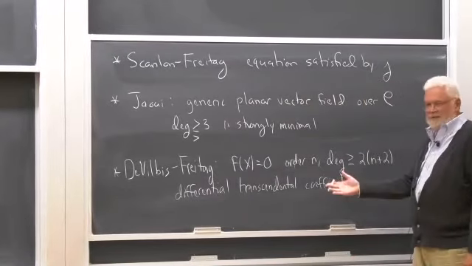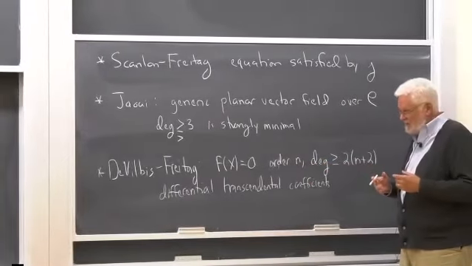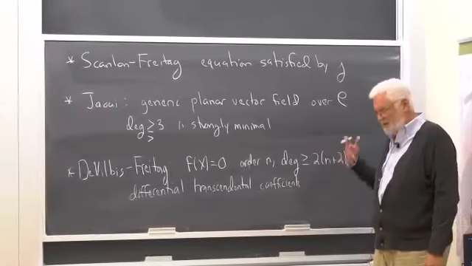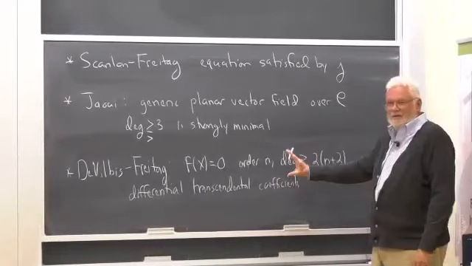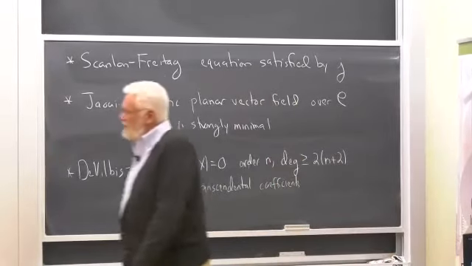This is somehow saying that a reasonably complicated differential polynomial, if it's generic, is going to be strongly minimal. So even though it's very hard to show particular examples, this somehow says most of them are. Okay.